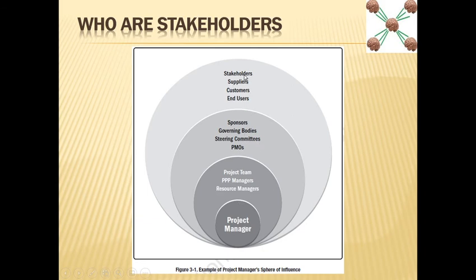Stakeholders are not only in this sphere, but all of these people who are written here are a kind of stakeholder as well. But the word stakeholders is a very general or vague term. So these are the stakeholders that are under less of your influence.